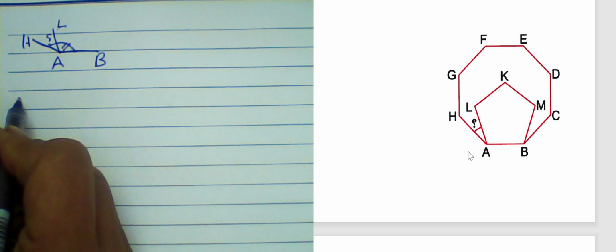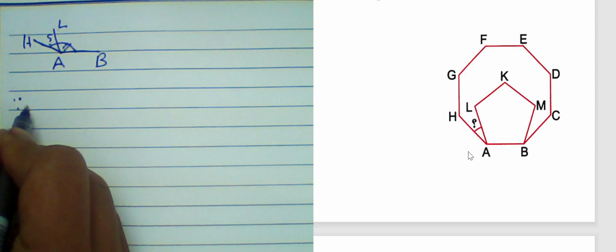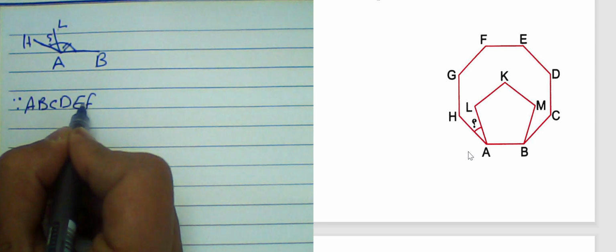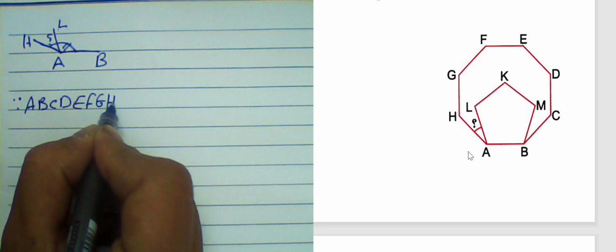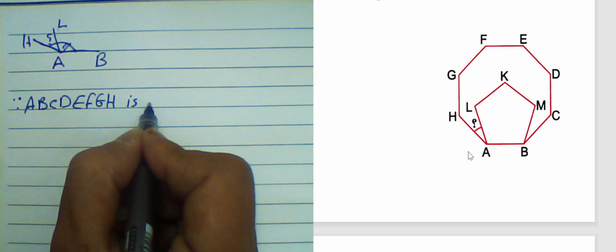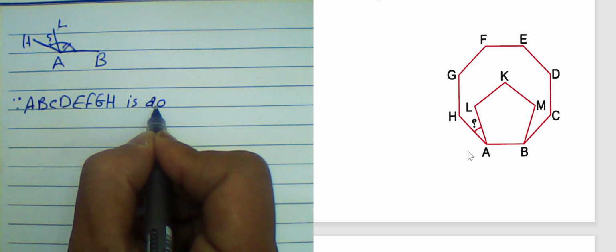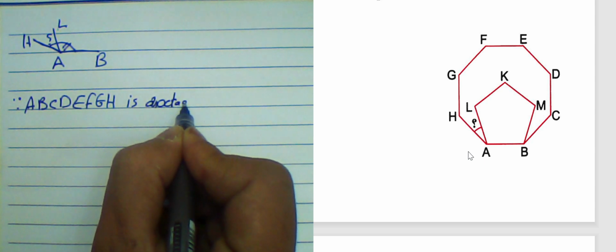Write that A, B, C, D, E, F, G, H is an octagon.